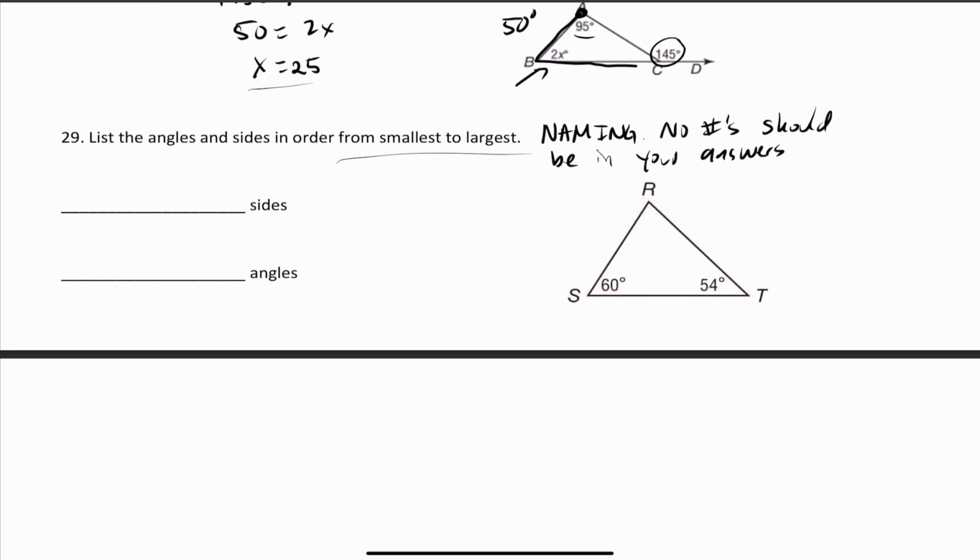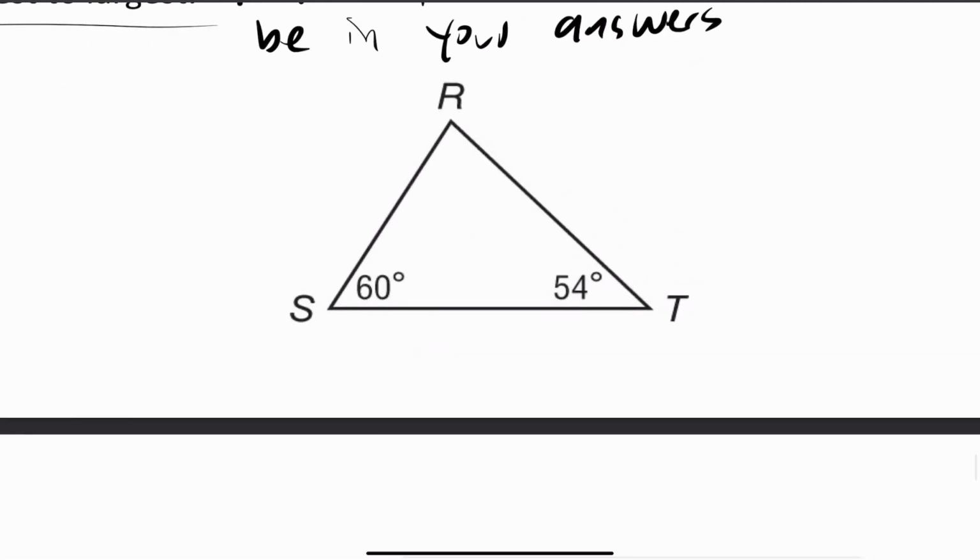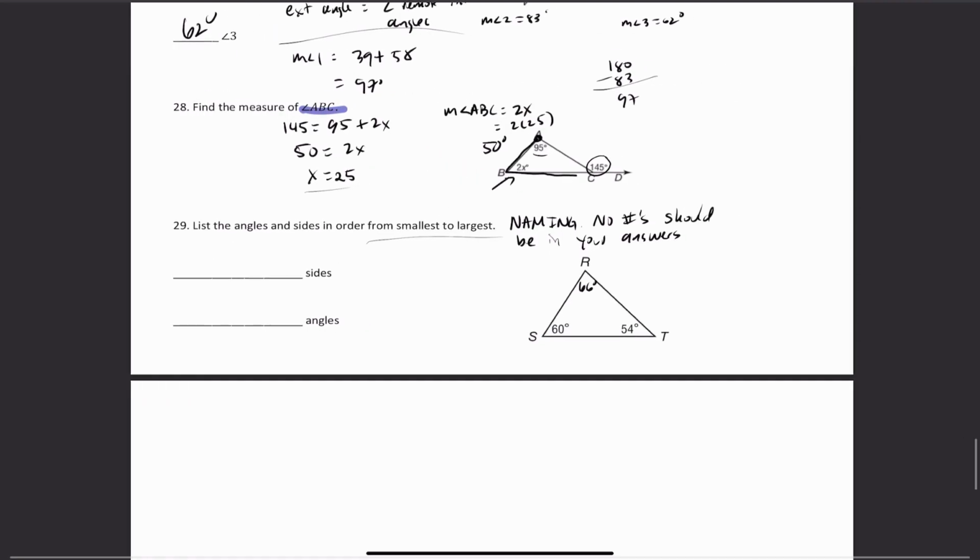All right, so let's go ahead and just take a look at the picture. I'm gonna go ahead and fill in the blanks here. So that's 60, 54, and then this should be 66. Okay, that's 66, because 66 plus 54 plus 60, that's 180, because when you add all the angles up, they should equal 180 degrees.